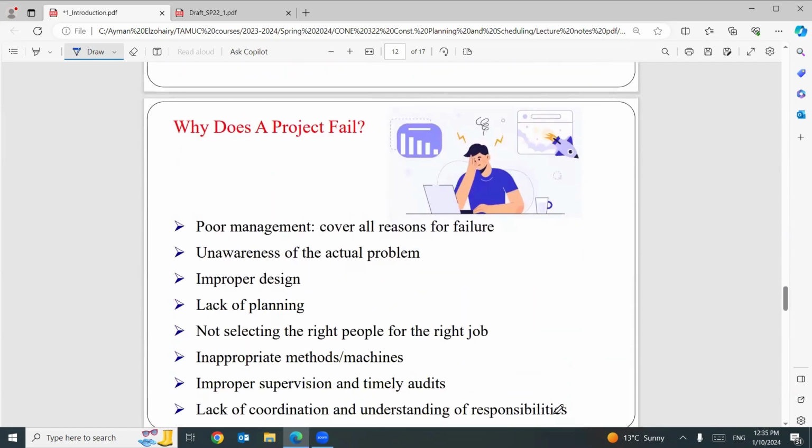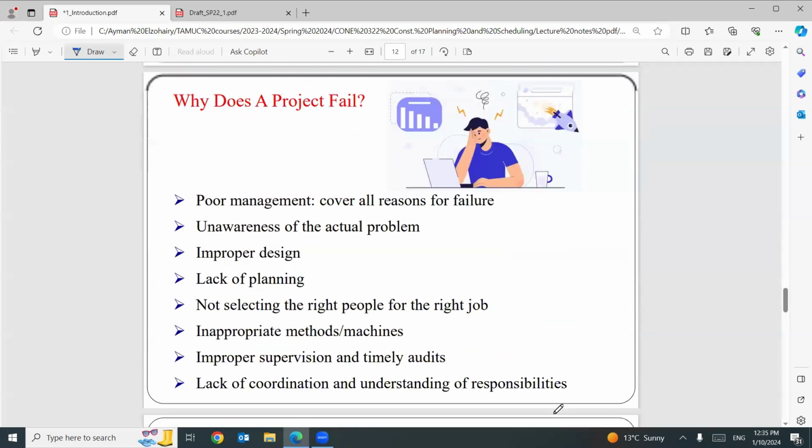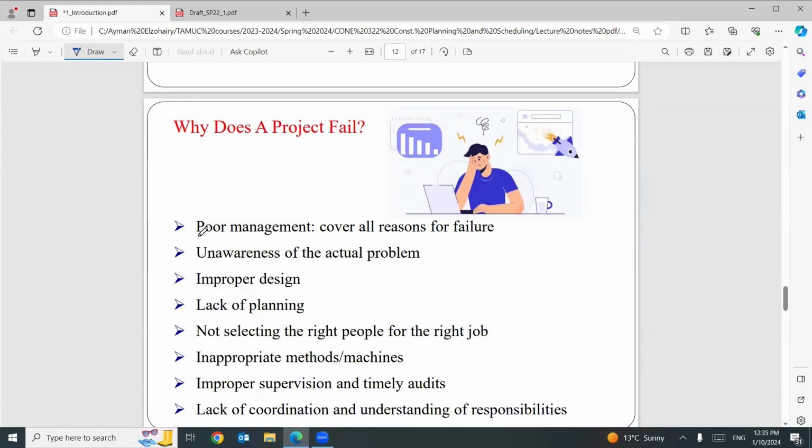So the question is, why does a project fail? The first main reason, and that's enough, is poor management; this reason will cover all reasons of failure. Poor management and awareness of the actual problem. If you cannot put your hand on where the problem is, you cannot solve it.